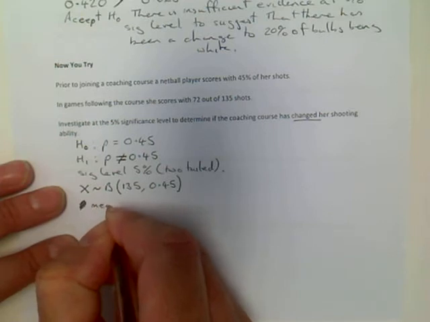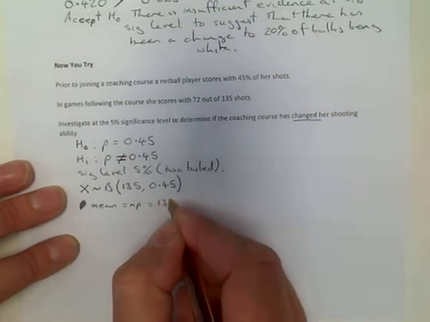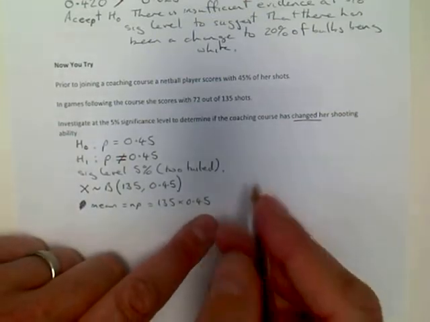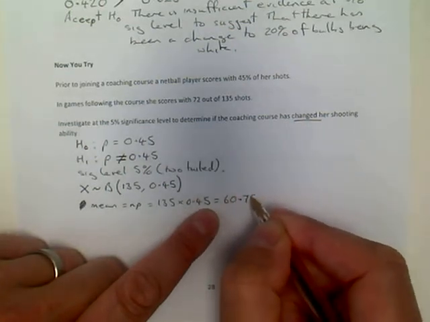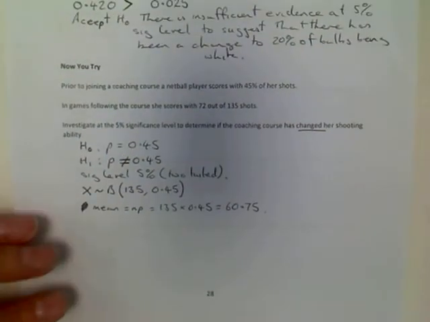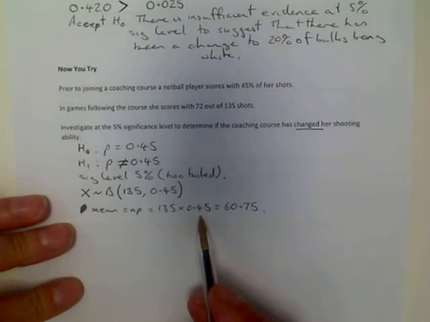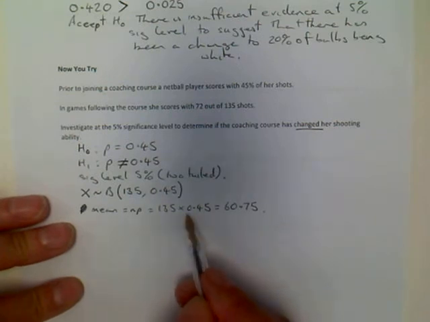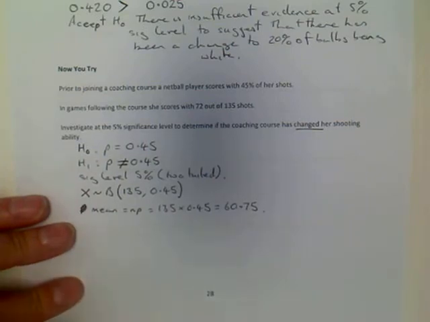I'm going to calculate the mean. The mean is n times p, which is 135 times 0.45. We stick that in a calculator. I've done this before, so I'll just write the answer down. It's 60.75. So if the probability of scoring is 45% or 0.45, we would expect about 60 out of every 135, whereas she's scored 72. So that is on the high side.